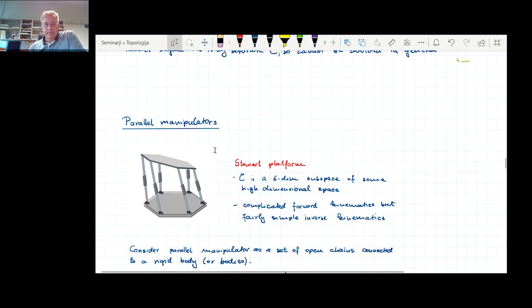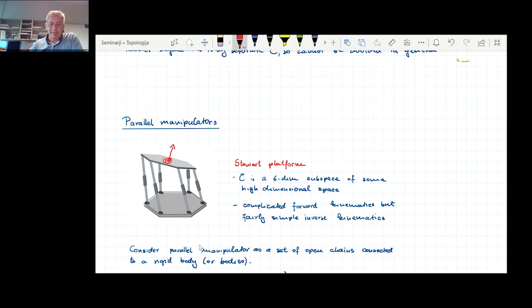Usually, it is very difficult to describe forward kinematics, and often, not always, but often, it is relatively simple to compute inverse kinematics, which means if I say the position and the orientation of this platform is something, it is easy to compute the length of those legs.